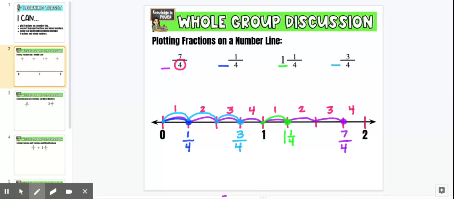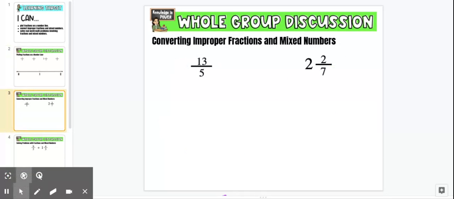Something of importance to note is that even though we have 4 sections, we really only drew 3 lines. Okay, so just remember that you don't necessarily draw 4 lines because then that creates 5 sections. So make sure you're counting the number of sections you have when you are plotting these points.